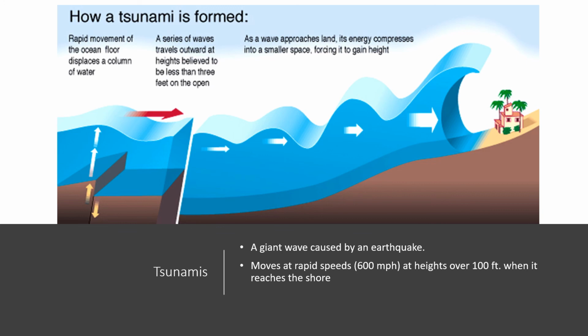Most of the time, what you'll see right before a tsunami wave hits, the bottom base where the ocean is will literally retract back out into the ocean. And basically what it's doing is it's got so much energy, it's sucking the water back out so that it can build the wave bigger and bigger, because there's so much energy behind it because of the earthquake.